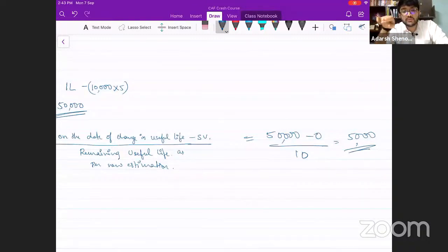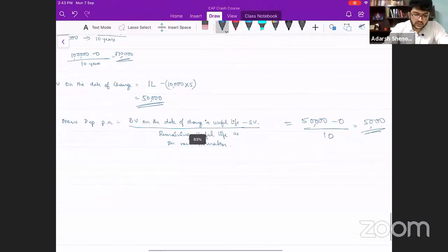What is the total depreciation for the next 10 years? 10 years into 5,000 is equal to 50,000 rupees. At the end of the 10th year, that is the 15th year, how much will be the book value of the asset? 0, because there is no scrap value. I did not tell you anything about scrap value. It was 0, so that is why it will come down to 0.